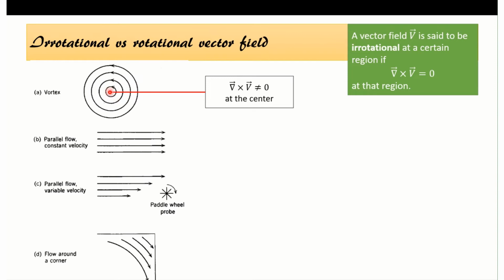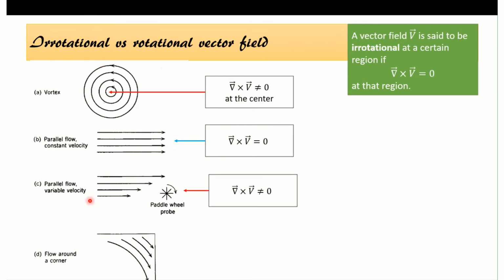So at the center it is not zero, whereas in example B, this is going to be an irrotational vector field, which means the curl of the vector field is going to be 0. So when the curl of the vector field equals 0, this is called an irrotational field.